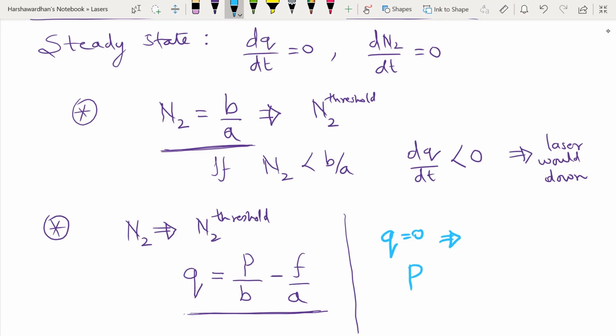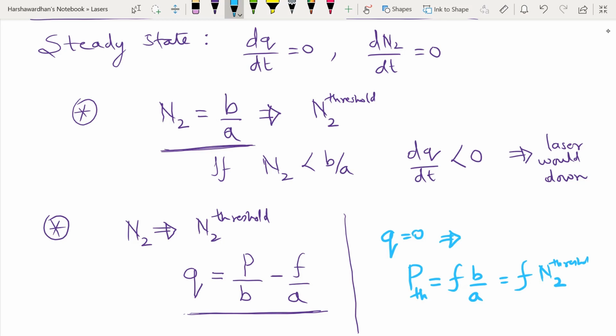I see that P happens to be of the form F times B by A, which by the way, we know is F times N2 threshold.